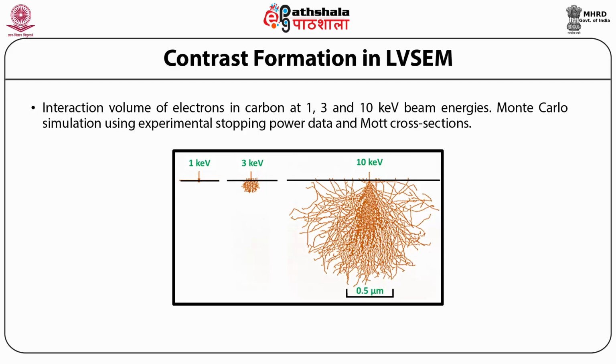At high energies, most of the secondary electrons generated within the interaction volume are too deep inside the surface to escape and do not contribute to the observed signal.